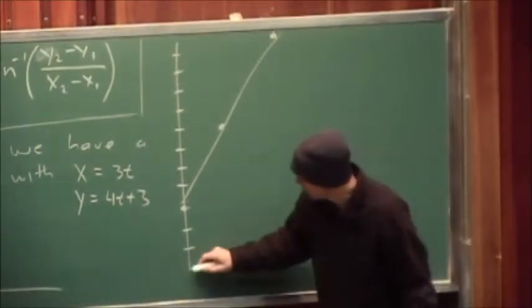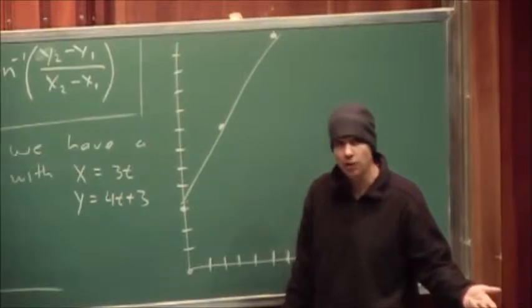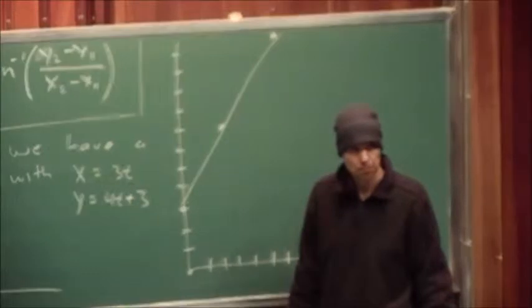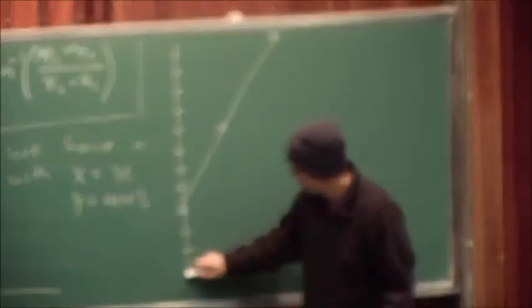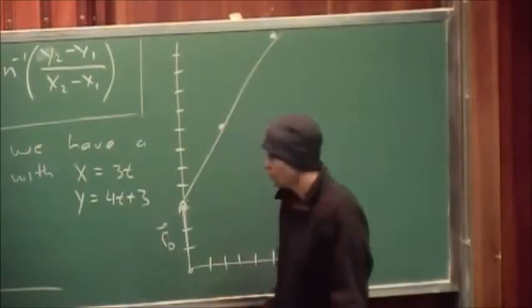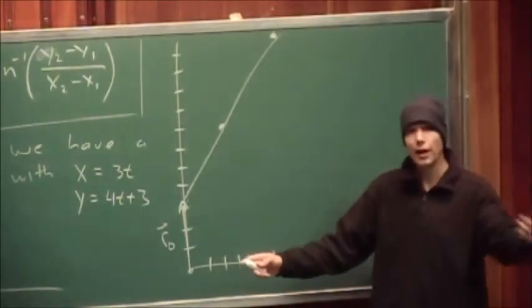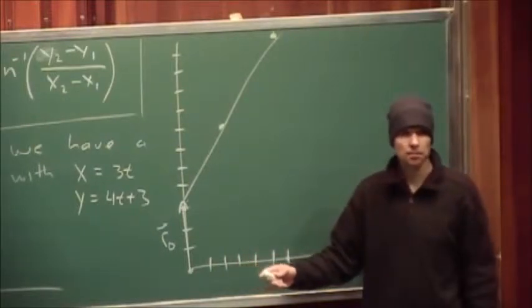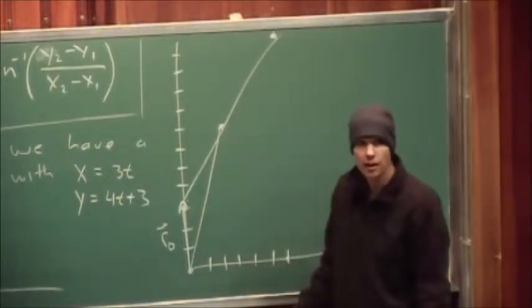So if I were to look at the vector at time t equals 0, I could call that r0. What would that vector look like? Well, r0 would come up like this, right? What would r1 look like? When I say r1, I mean the vector associated with the displacement at time 1 second. It's going to go from the origin up to here, right?